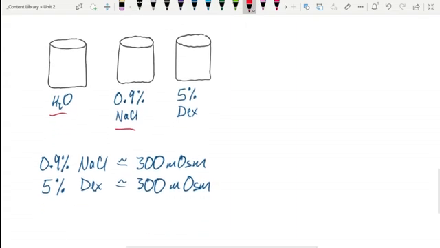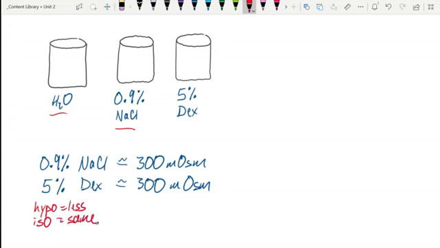The other thing as we do these comparisons, hypo equals less, iso is the same, and hyper equals more. So, what is water compared to salt? Well, water is essentially zero, right?